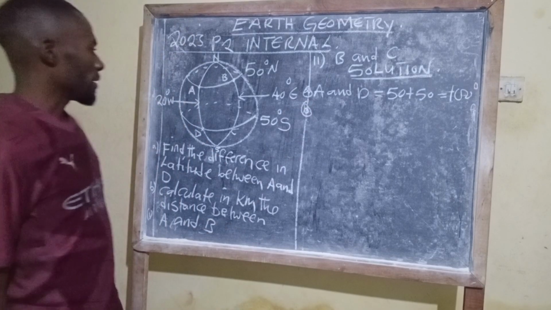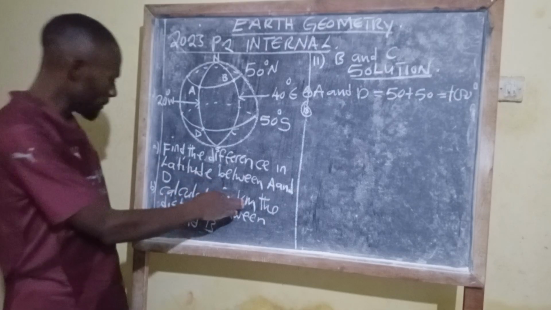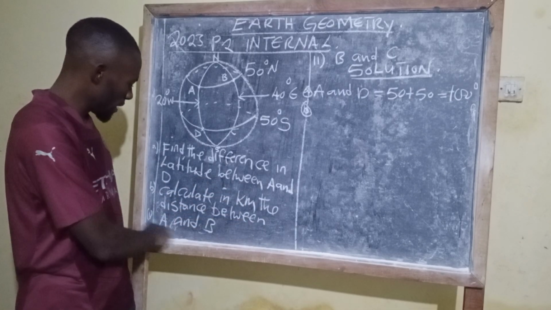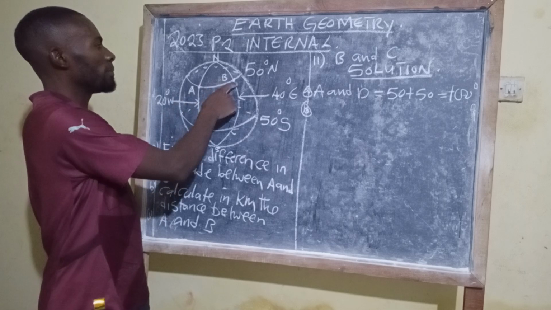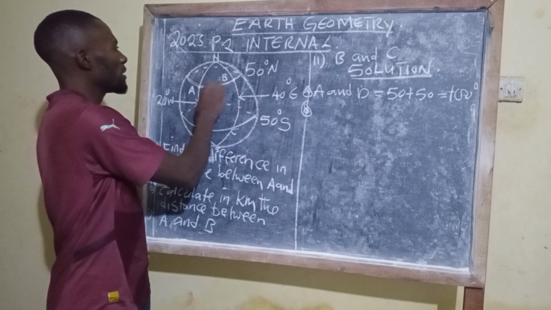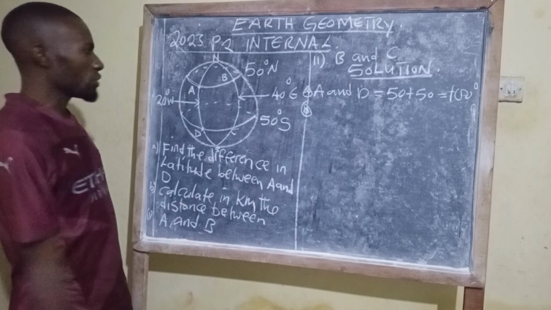Then our second one, they are saying calculate in kilometers the distance between A and B. A and B is along which latitude? Latitude 50 degrees north. So what should we do?